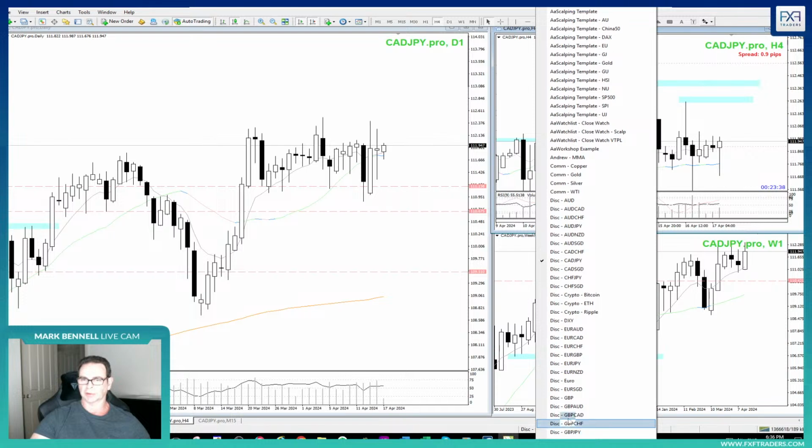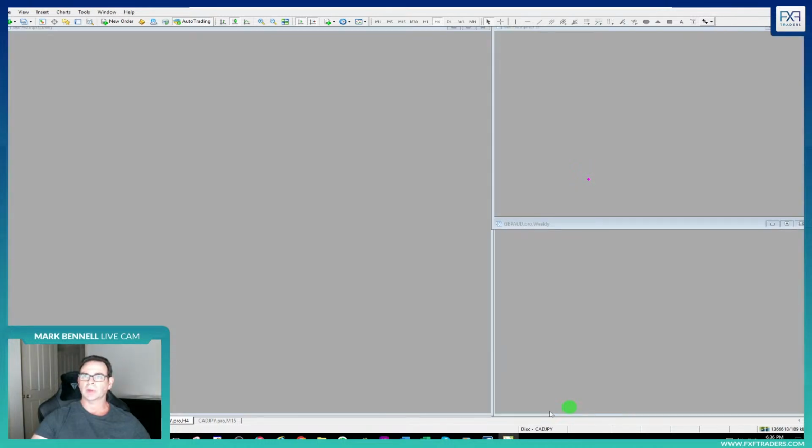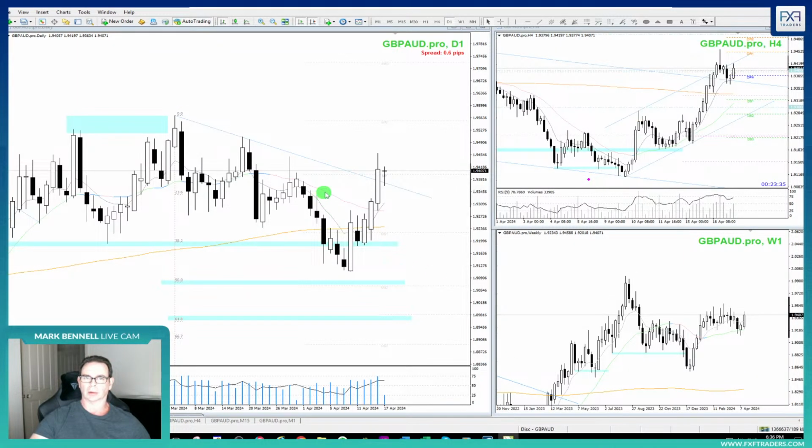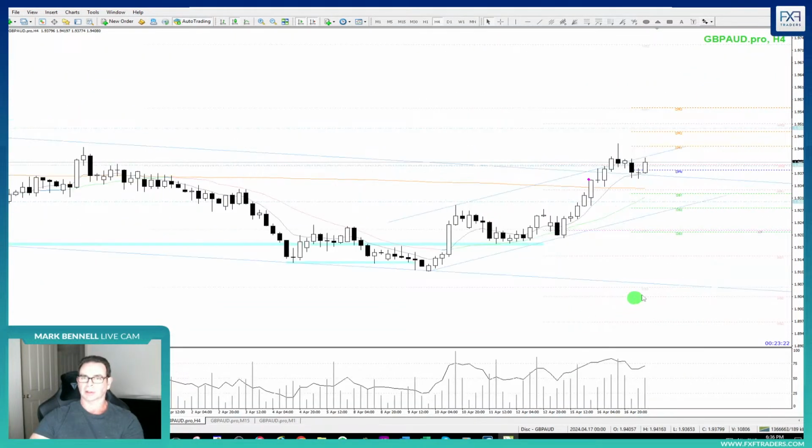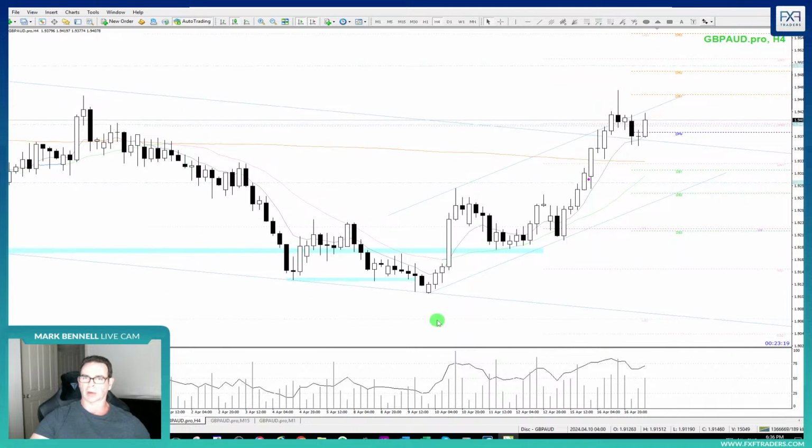Pound Aussie. Counter trend long. Oh, we haven't actually broken the anchor yet. It's right here. Same thing. It's pushing through, looking for another bar or two down. Nice momentum move out of the low. 1, 2, 1, 2, 3, 4.